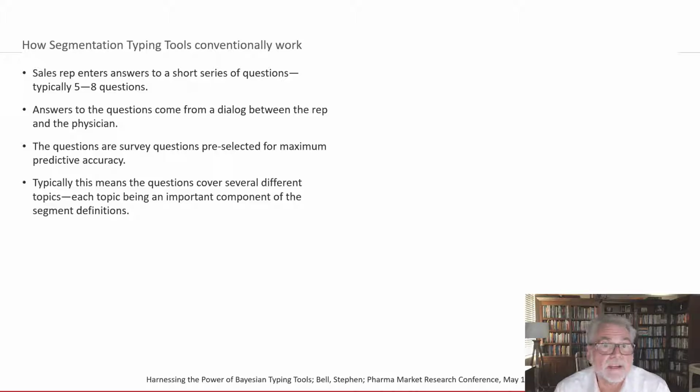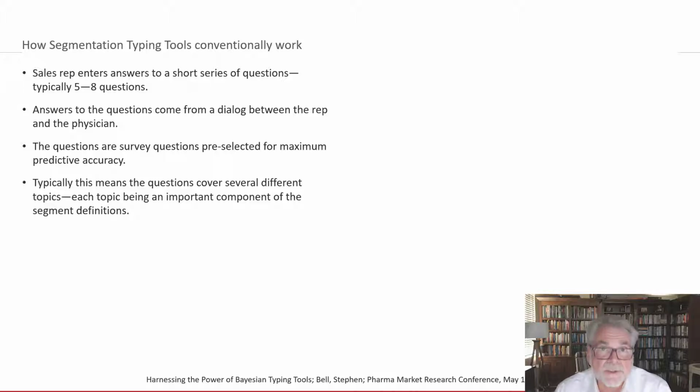So the basic idea is the rep runs through those questions, gets the answers, enters those answers into the typing tool. Now, where are those questions coming from? Well, they're coming from the segmentation analysis.